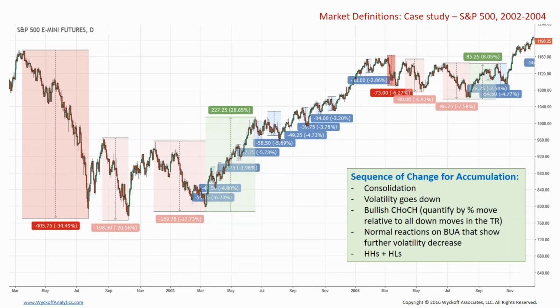A V bottom has a specific way of unfolding, so you have to understand that. You have to understand the oversold condition extremely well and how it's being reversed. And you can do this in either of the time frames, either an intraday time frame or a daily time frame.